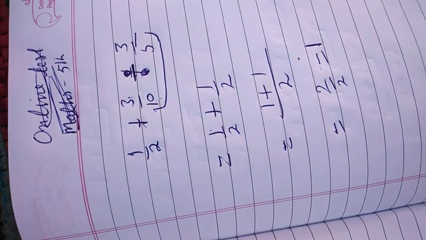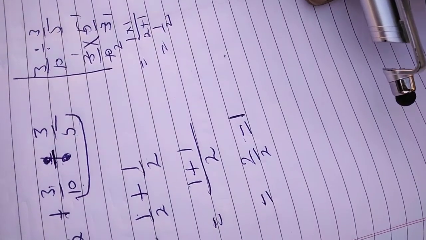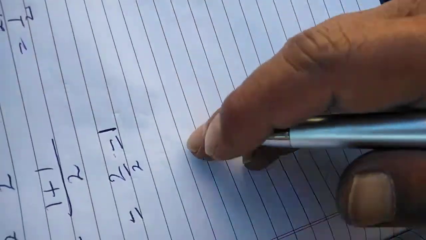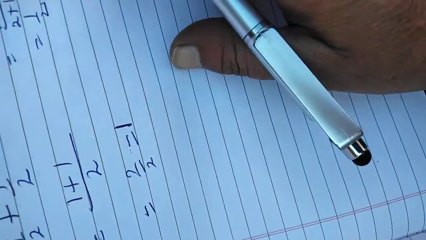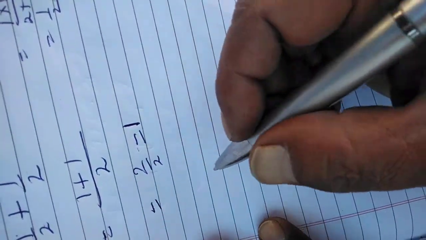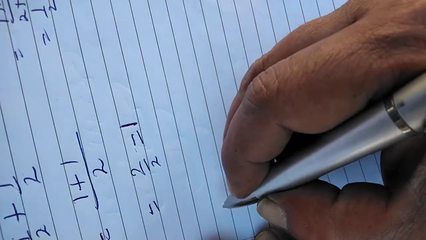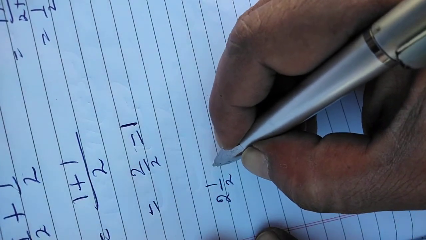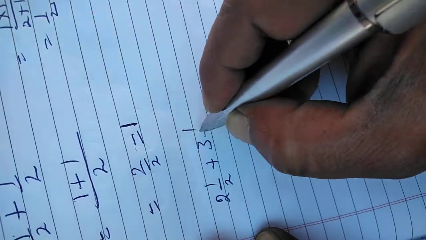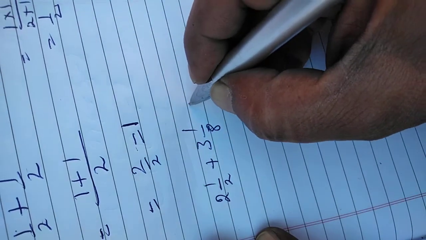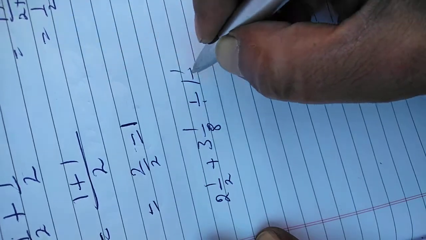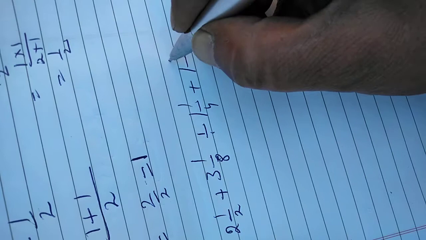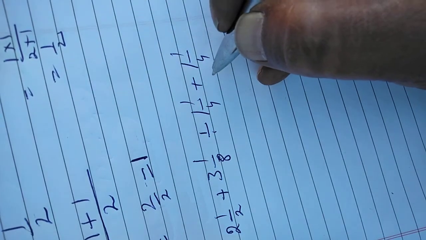Now let us take another example. I have a question, that is 2 whole 1 upon 2 plus 3 whole 1 upon 8 divided by 1 whole 1 by 4 plus 1 whole 1 by 4.